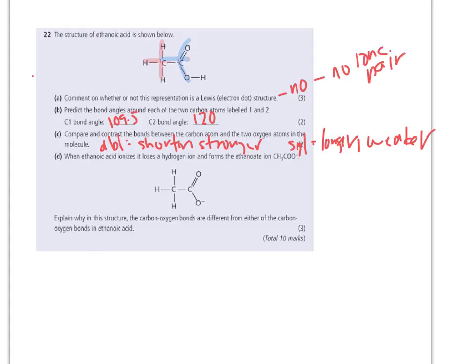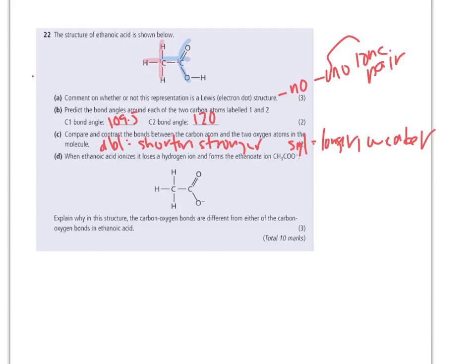And D says, when ethanoic acid ionizes, it loses a hydrogen ion and forms the ethanoate ion, CH3COO-. So you can see it's the H out on the end that gets lost. And it says, explain why in this structure the carbon-oxygen bonds are different from either of the carbon-oxygen bonds in ethanoic acid.